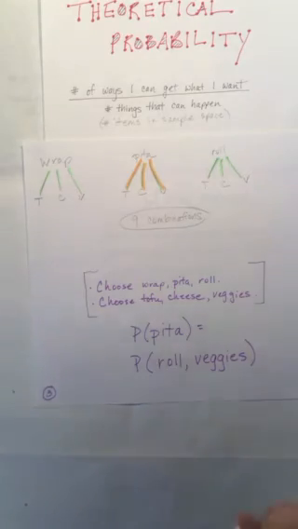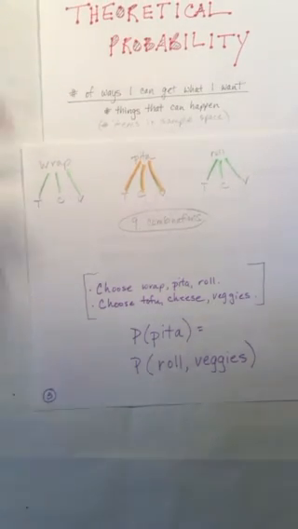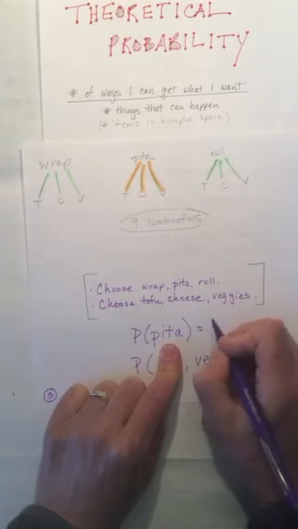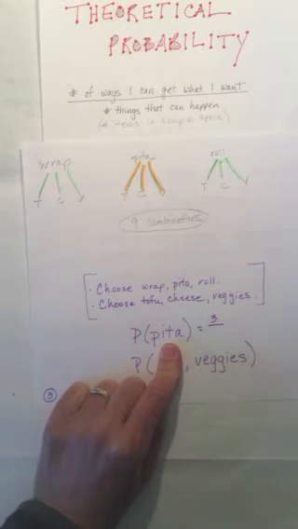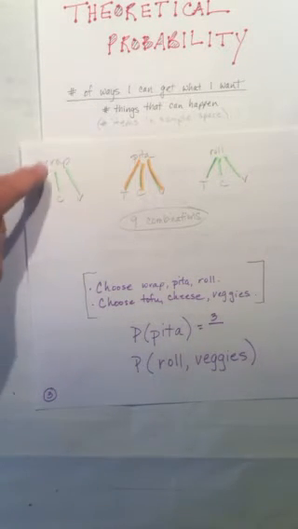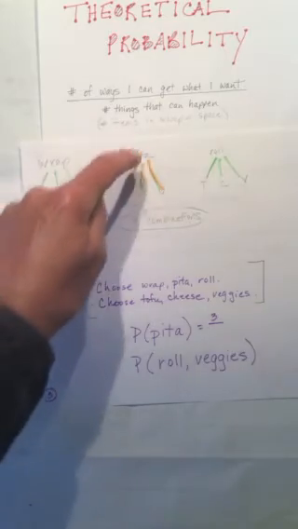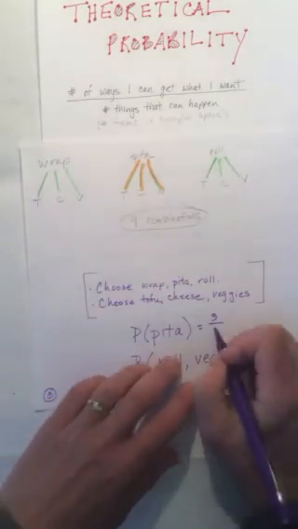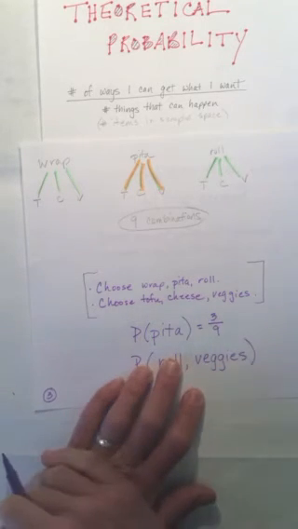So how many ways can we get what we want? If we're looking for pita, there are 3 ways to get what we want out of how many combinations? Remember, you can just count those branches. 1, 2, 3, 4, 5, 6, 7, 8, 9. 9 combinations. So we have 3 over 9.